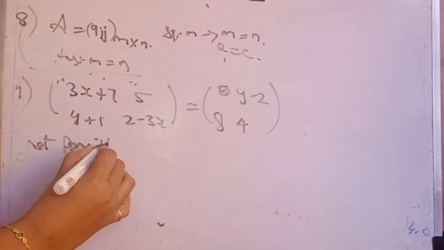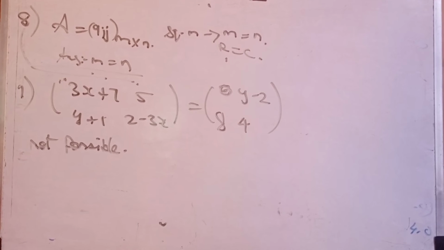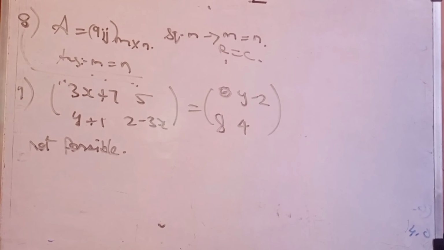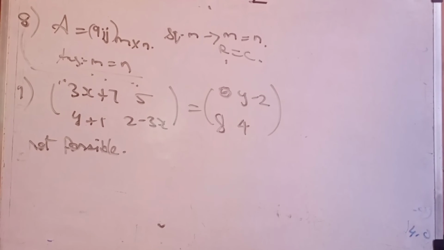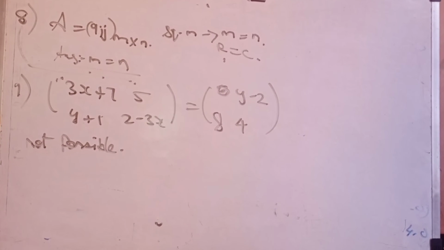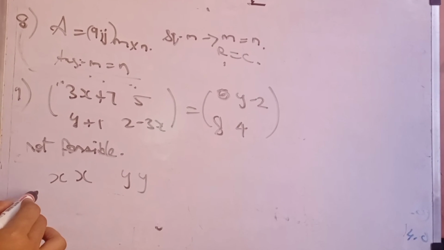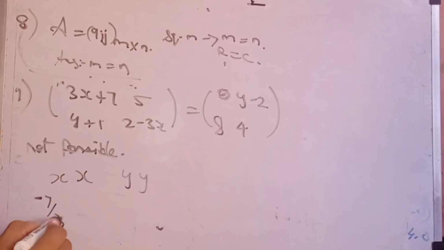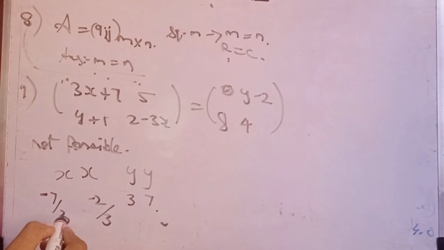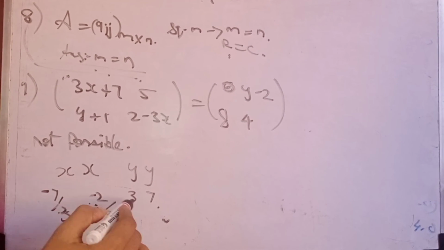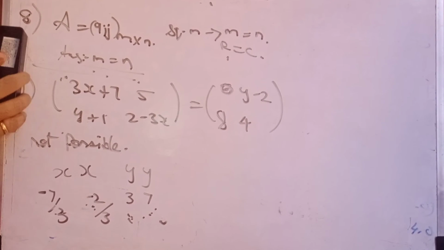Why they are saying not possible is the values of x and y should be the same. But if we solve this, we will get different values for x and y. We will get 2 values for x and 2 values for y. The first value will be minus 7 by 3 and the second value will be minus 2 by 3 and 3 and 7. So we are not getting the same value for x and the same values for y. So it is not possible. The answer for this is not possible.